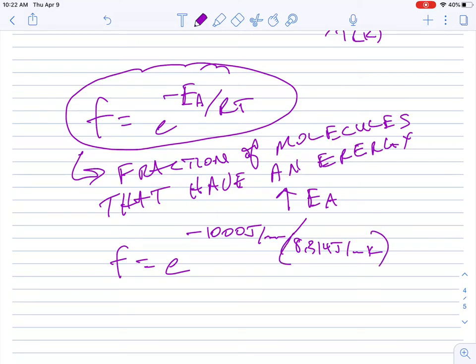And let's say that we're going to run this at 293 Kelvin, which would be about 20 degrees Celsius, which is kind of room temperature, okay? Now, if you run these numbers, trust me on this one, you're going to get 0.663. So what that means is that at this temperature, 0.663 or 66.3% of the collisions are going to be above that threshold.